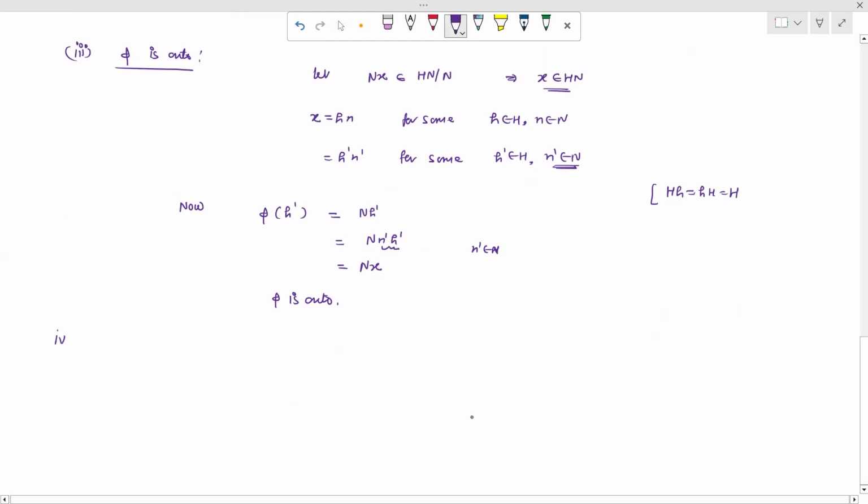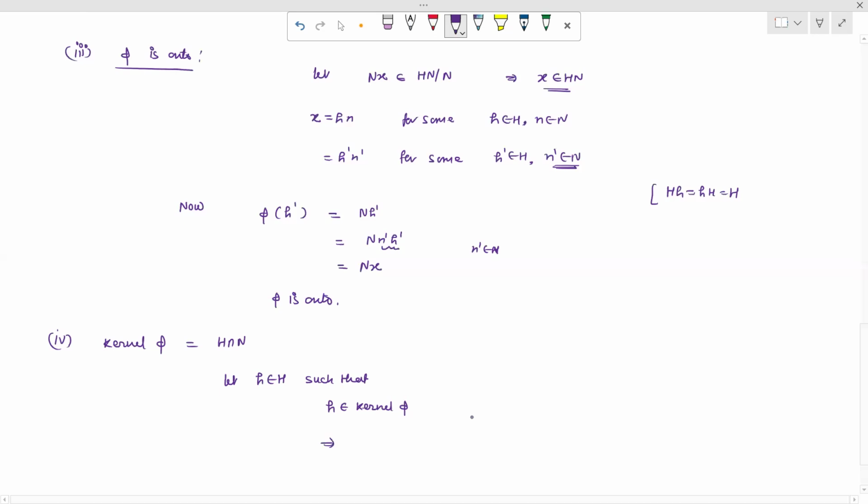The fourth part is: kernel phi is equal to H intersection N. So we consider an element h which belongs to H, such that h belongs to kernel phi.